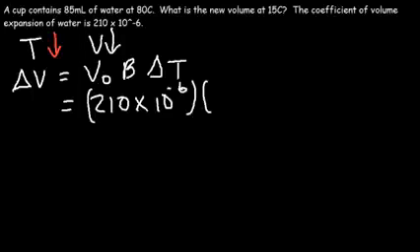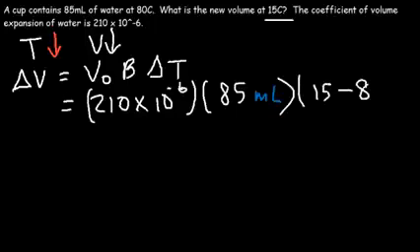It's pretty large relative to the solids. Now the original volume is 85 milliliters. And the change in temperature, the final temperature is 15, the initial temperature is 80, so the change is negative 65, which means that the change in volume will be negative.